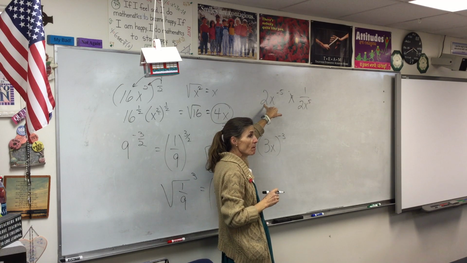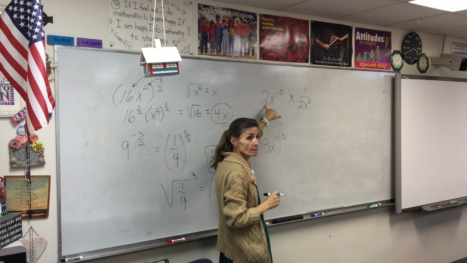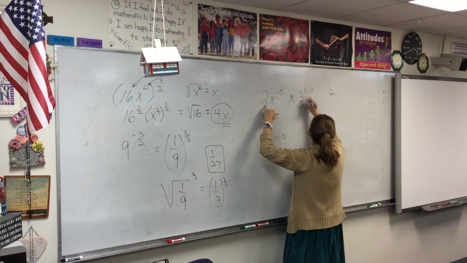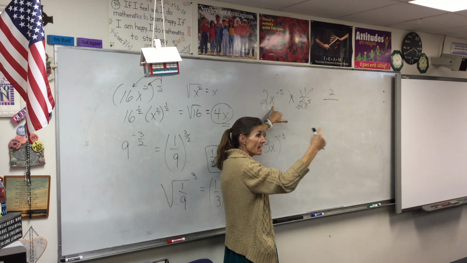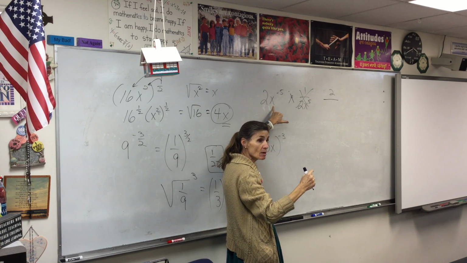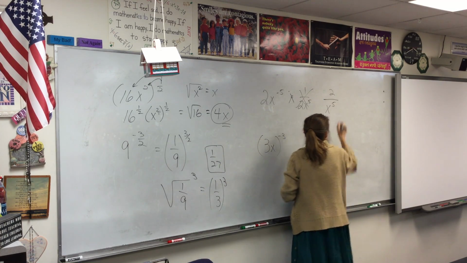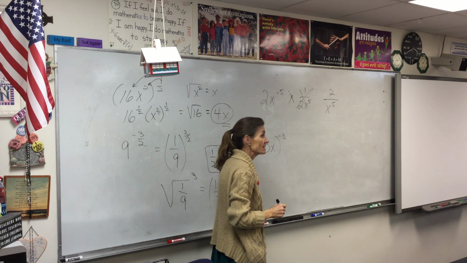What is the exponent on the 2, you guys? 1. That stays 2. But this guy has a -5, so he goes to the bottom. So the answer is 2 over x to the 5th. That's the answer.